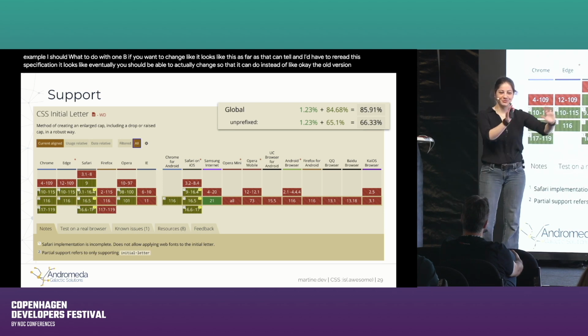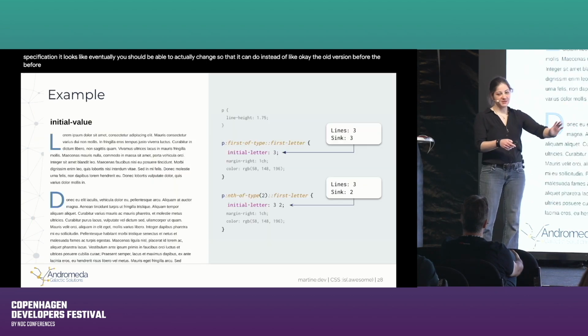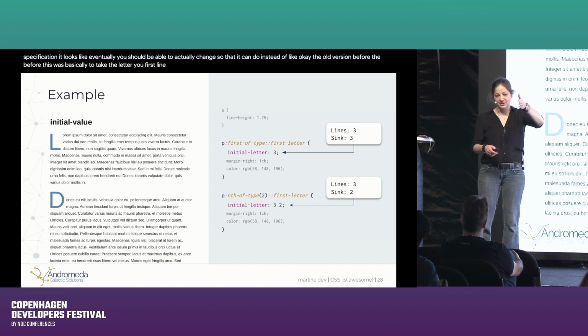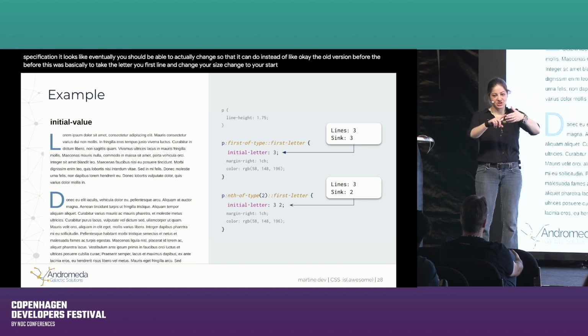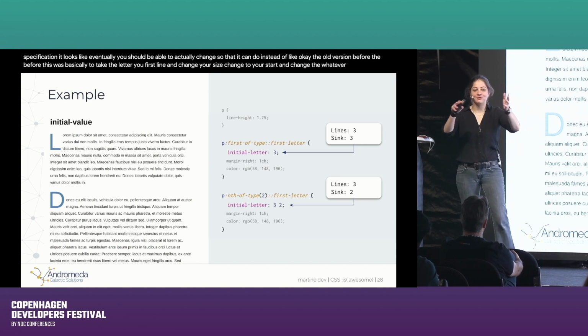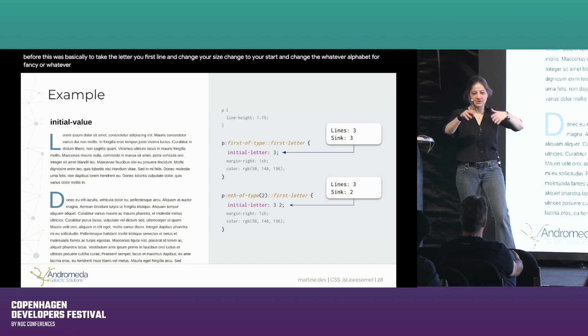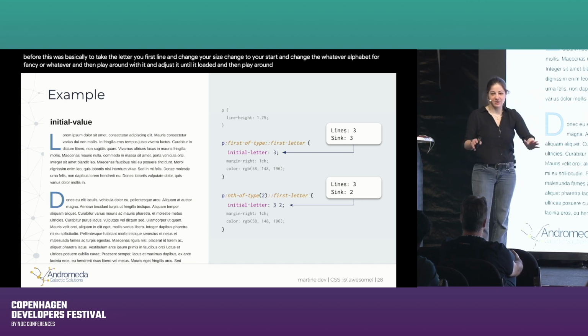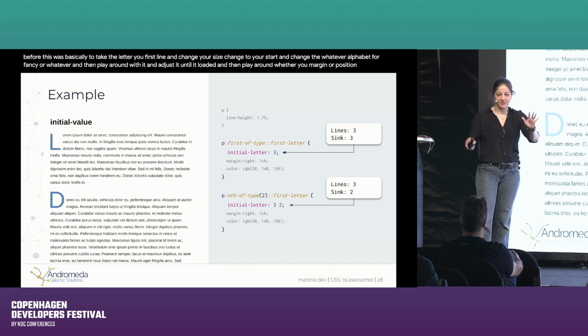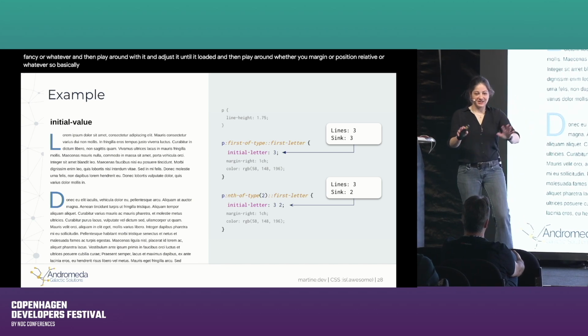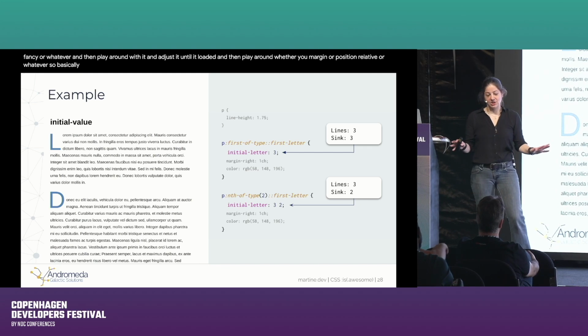The old version before this was basically to take the first line, first letter, and then change your font, your size, your line height, your style, and change to whatever alphabet or font you were using for something fancy, and then play around with it and adjust it until it floated, and then adjust it until it looked right, whether you were using margin or position relative or whatever. Basically you fiddled with it until it looked right, which was pretty much the magic.